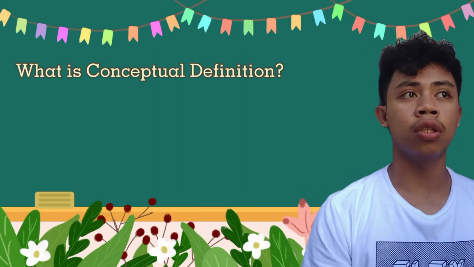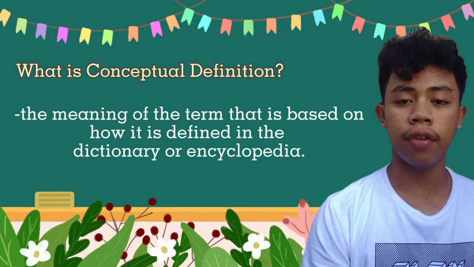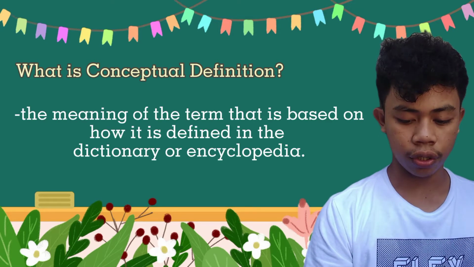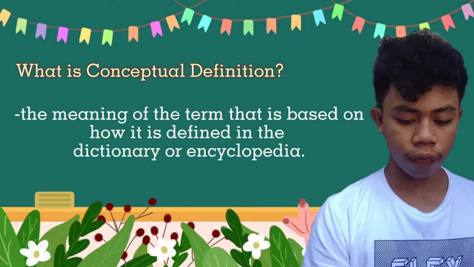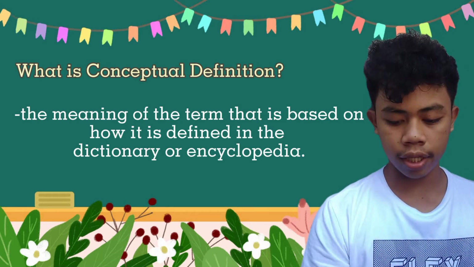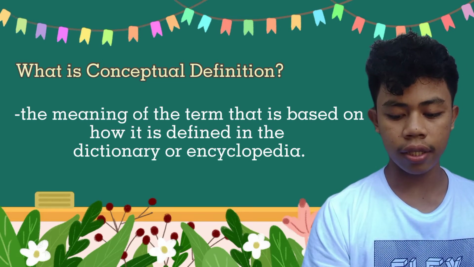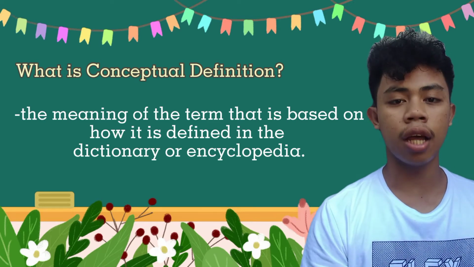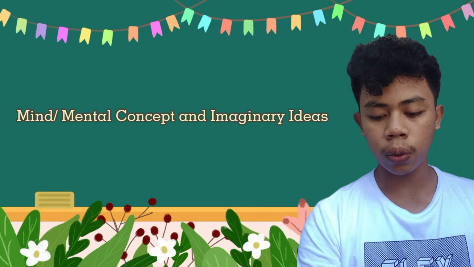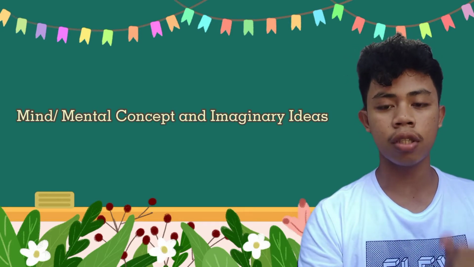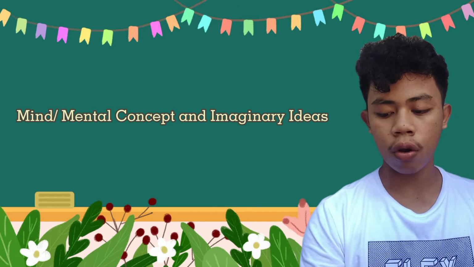Now, what is a conceptual definition? A conceptual definition is the meaning of the term based on how it is defined in the dictionary or encyclopedia. An example is something having to do with the mind or with mental concepts or philosophical or imaginary ideas.